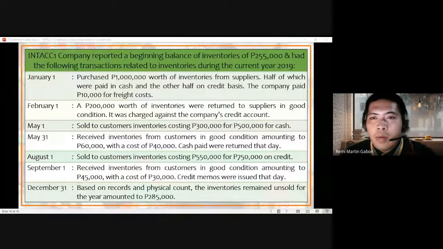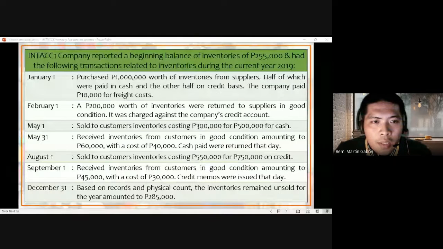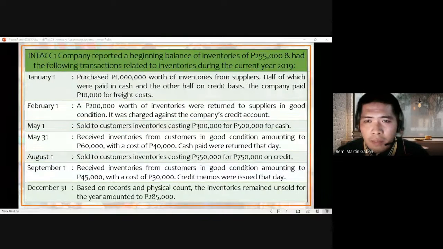Okay, ayun, meron na nakakuha ng tamang sagot, ng tamang solution. So how do we compute again 285,000? We start with the beginning inventories. Then we add purchases. Our gross purchases is amounting to 1,010,000, including the freight in.